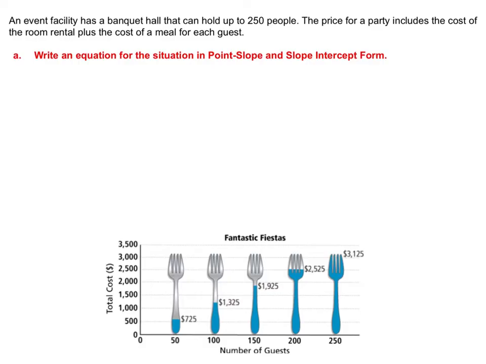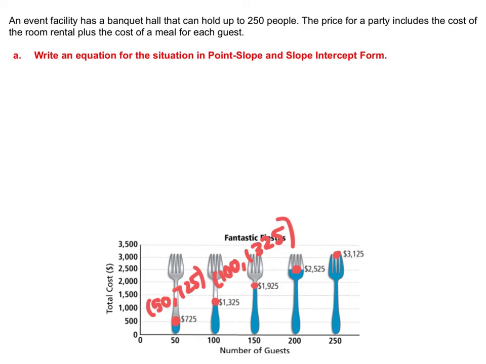So for the first one, we could say that this is my point and it's at 50, 725. Here I have a point, the x coordinate is 100, 1325, and etc. We could do it for the remaining points. However, we only need 2 to write an equation of a line, so we're going to focus on those 2.